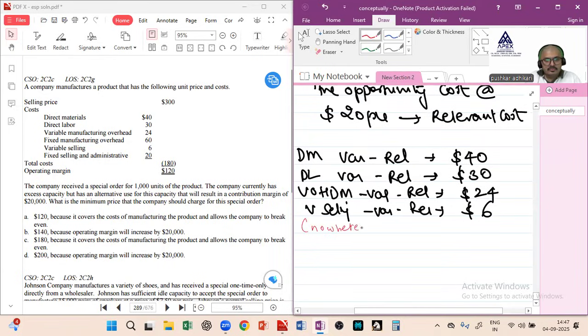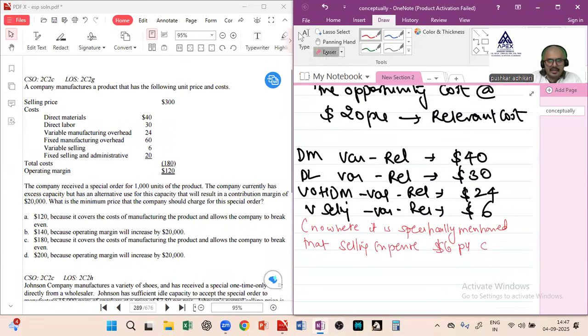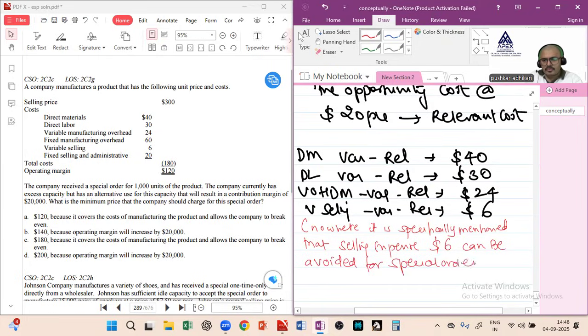Nowhere is it specifically mentioned that the selling expense of $6 per unit can be avoided for the special order. My handwriting has become very bad, just tolerate for a minute.